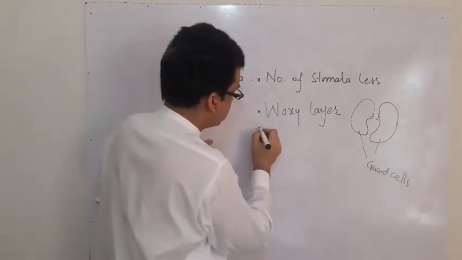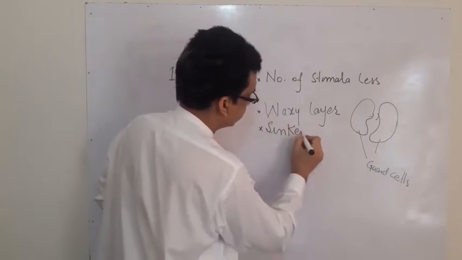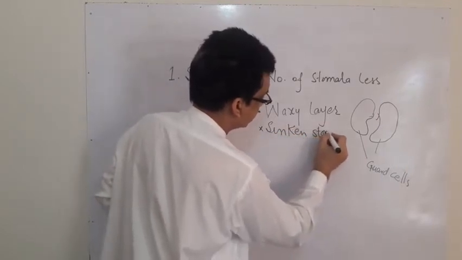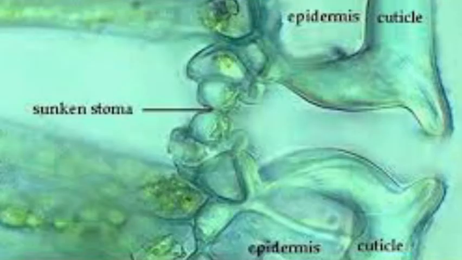The next one is sunken stomata. You can see here in this diagram, the stomata is a little bit below the epidermis.